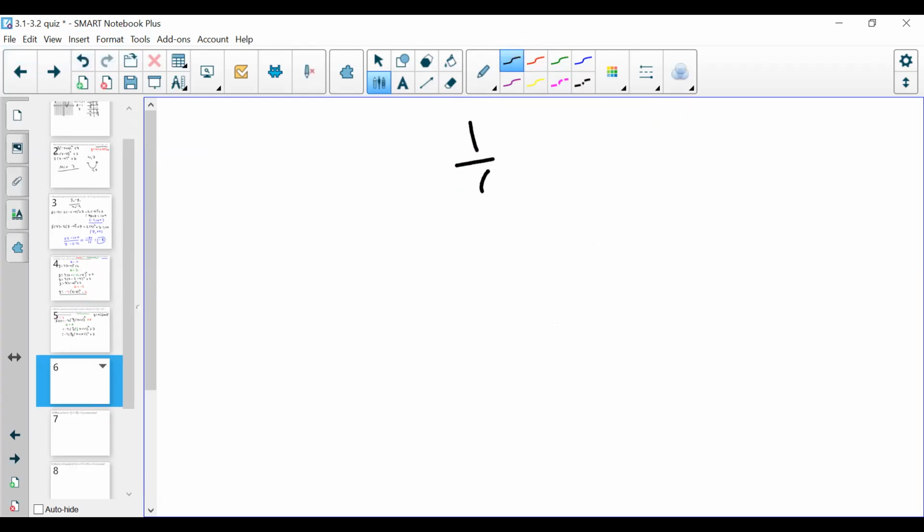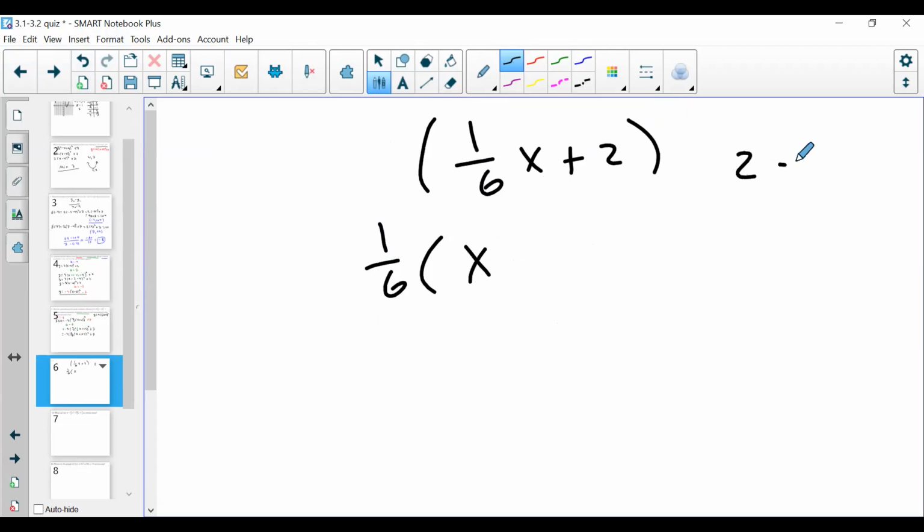If I have 1 over 6, x plus 2, I'm factoring out that 1 over 6. Anytime you factor something out, you're dividing everything inside of it by what you factored out. 1 over 6x divided by 1 over 6 is just x. This 2, I'm dividing by 1 over 6, so that becomes 2 times 6, which is 12.